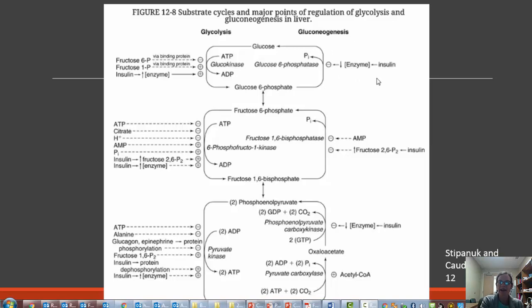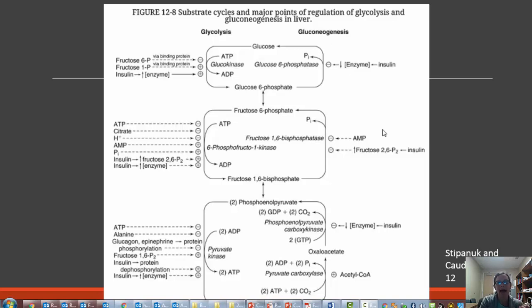And then on the other hand, here we have that insulin is going to have a negative effect on G6 phosphatase. Why would that be? If I have plenty of glucose, I don't need to make more glucose via gluconeogenesis, so it makes sense that insulin is going to be an inhibitor of gluconeogenesis.